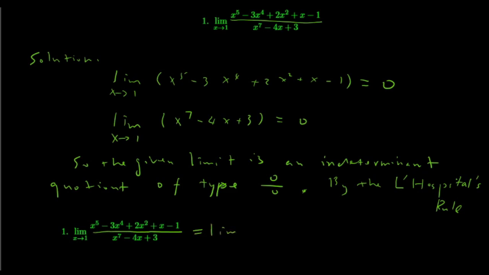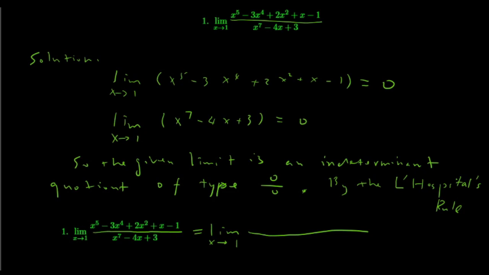The new limit is obtained by differentiating the numerator and the denominator. I think all of you guys know what's going on. Using the L'Hopital's rule, we convert the given limit to a new limit, and now the numerator is computed by differentiating the numerator of the given limit.